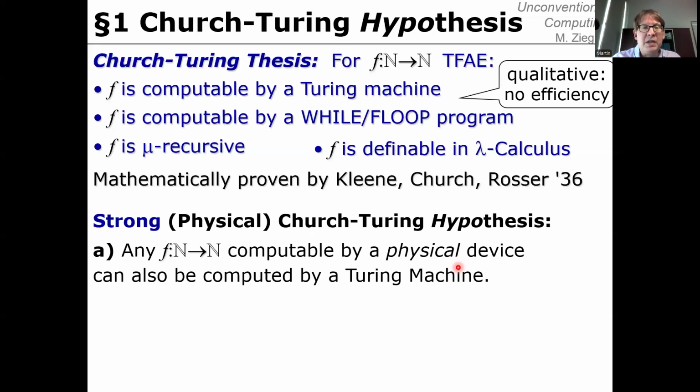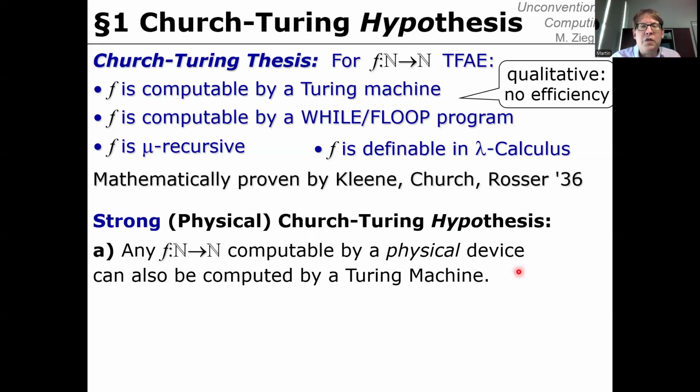So that's why this is a hypothesis, not a thesis, because it connects mathematics via theoretical computer science, the Turing machine being a mathematical device, to physical devices. And there we cannot prove things.